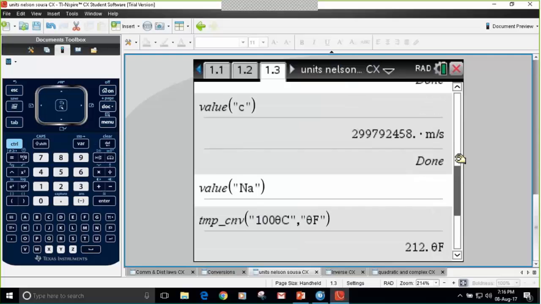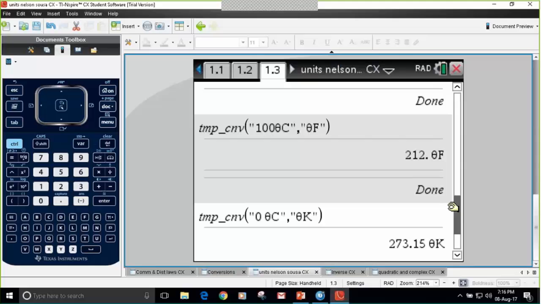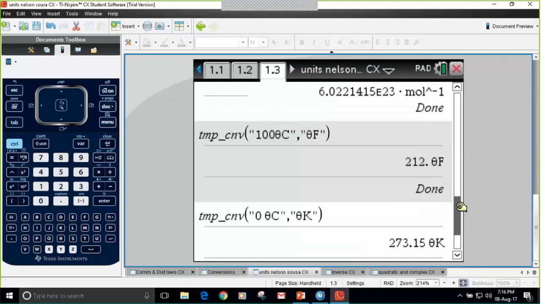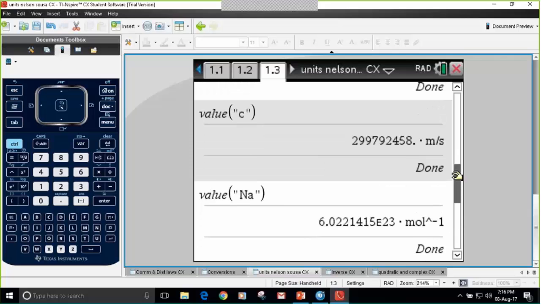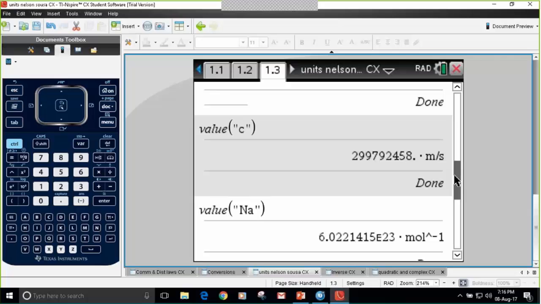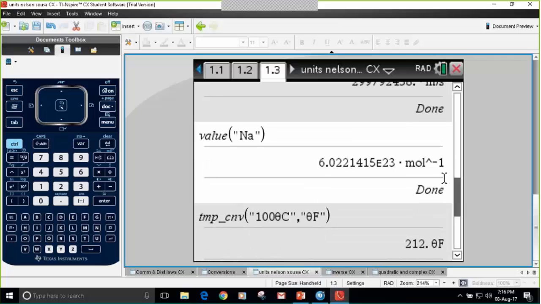So if you want to look at some conversions on the CX, you just can download that, and we'll have that available for you on the website within a day or two, and that would be obviously pretty useful over the next few weeks. So that's stuff that's quite often neglected, but I think is a fairly useful little activity.